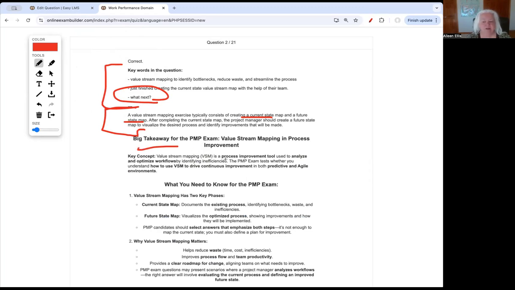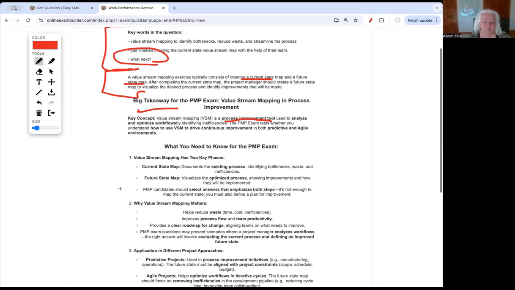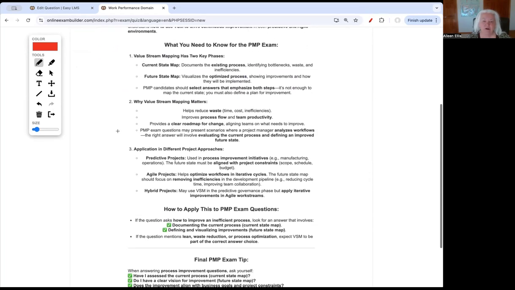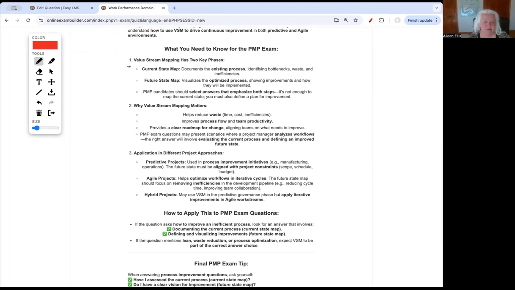Value stream mapping is a process improvement tool. Analyze, optimize workflows. What do you need to know for the exam? So current state, future state. We want answers that emphasize both steps. Why do we do value stream mapping? To reduce waste, improve process flow.